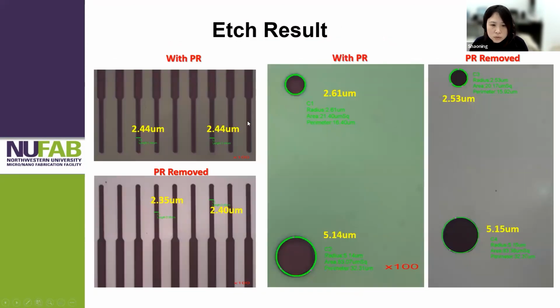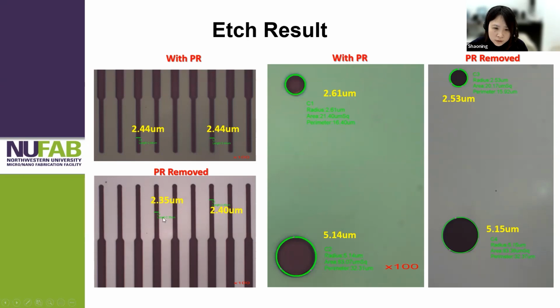All right, so this is just one example to show you how fine this work is. The pattern you are seeing is our calibration pattern generated from the MLA 150. These are optical microscope pictures. What you see in this picture over here and here are the feature sizes with the photoresist on.